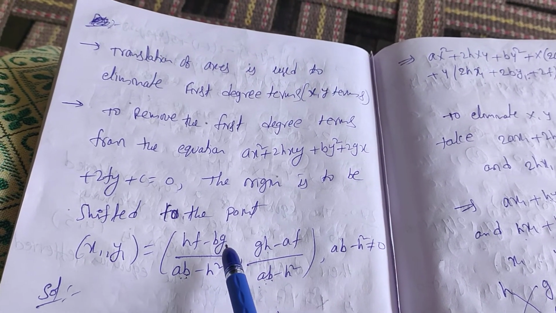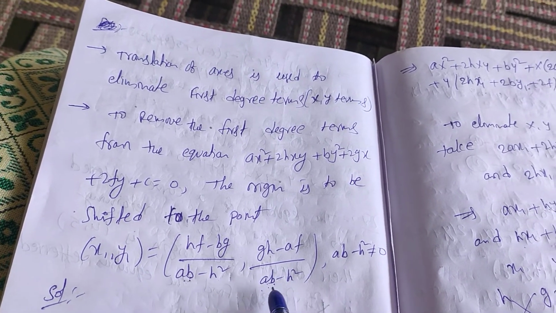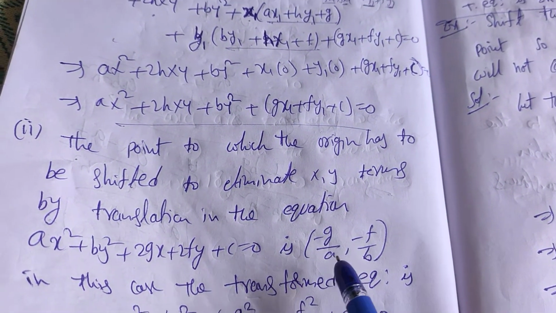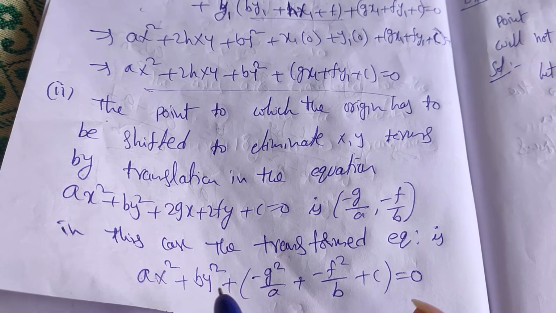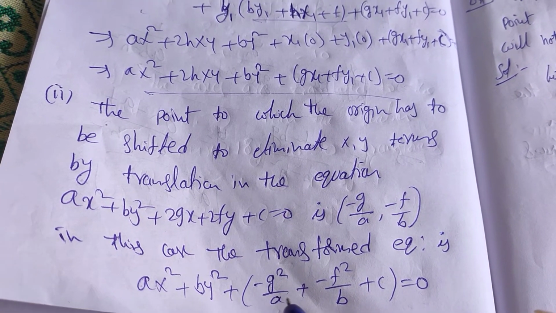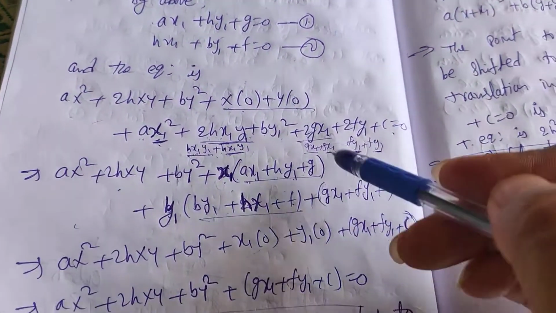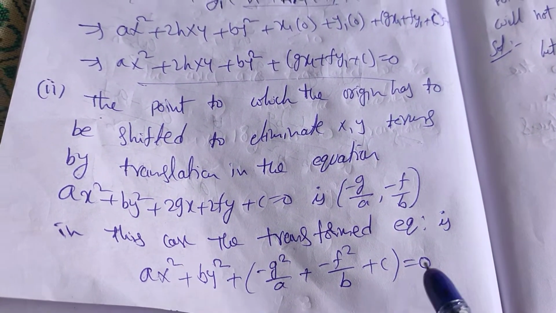So what is the answer totally? −g/a, −f/b. That is the point to which the origin is shifted. In this case, the transformed equation is ax² + by² + (−g²/a) + (−f²/b) + c = 0. If you use this procedure, you get this equation. But the proof is not important, just remember this formula.